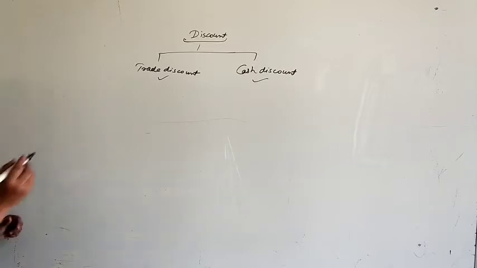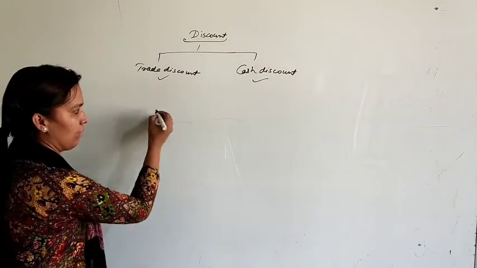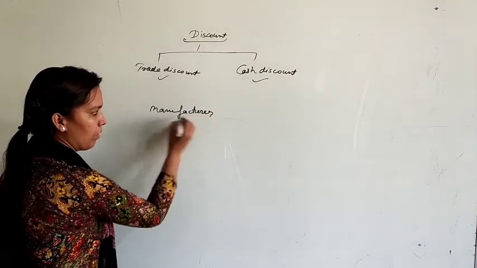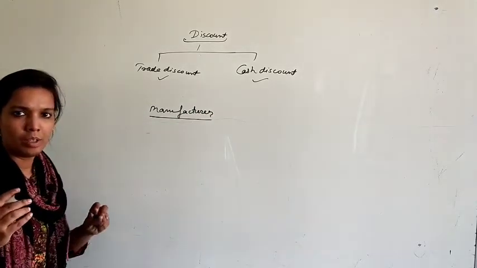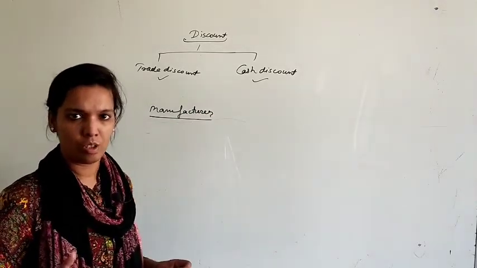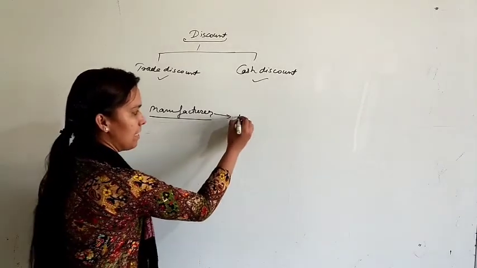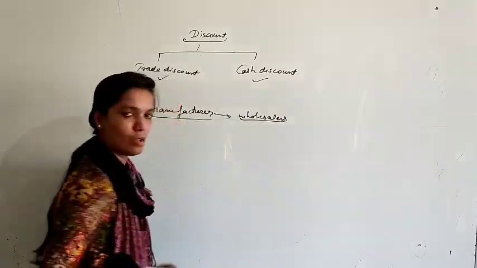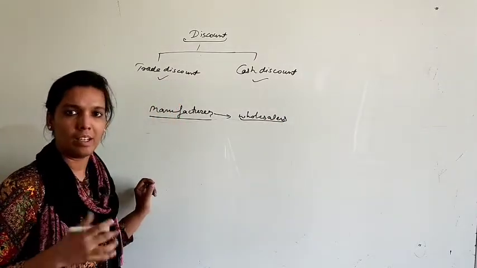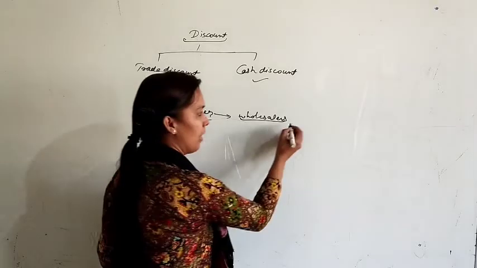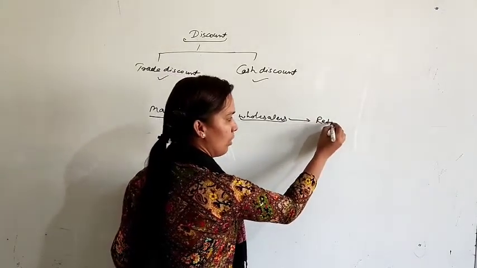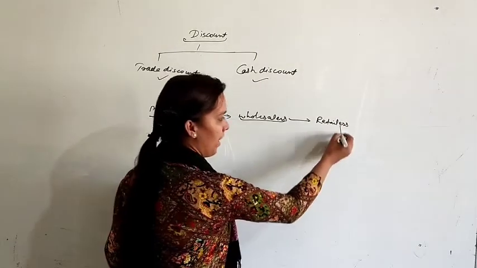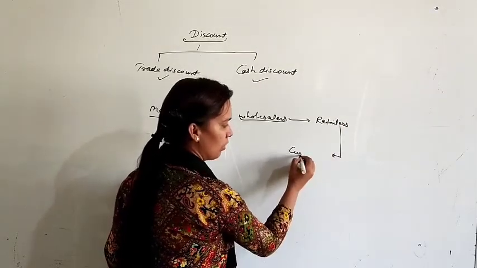You know what the chain system is? First of all, the manufacturer produces the goods. He sells goods to wholesalers, who purchase from the manufacturer in a large quantity. Then the wholesaler sells to retailers, and then the retailer sells to customers.